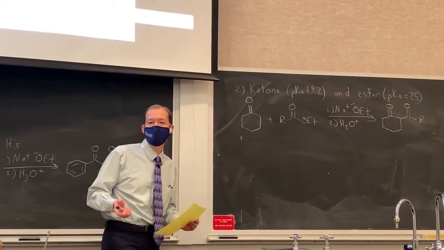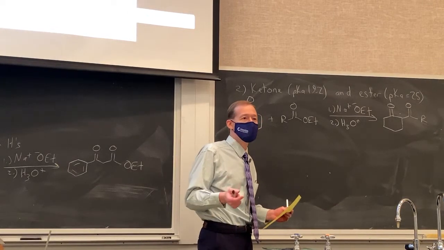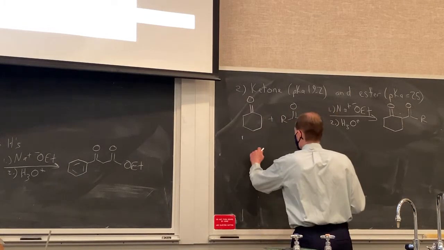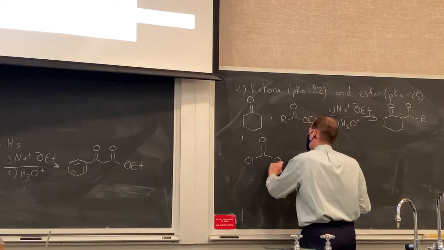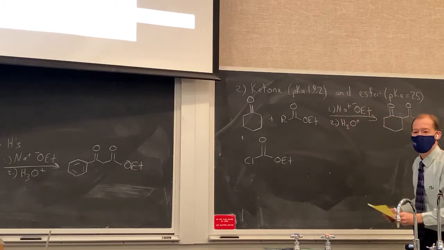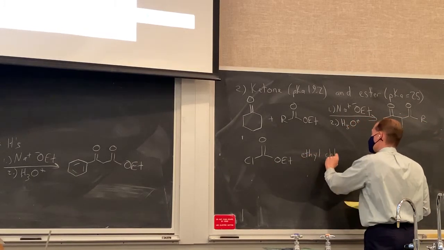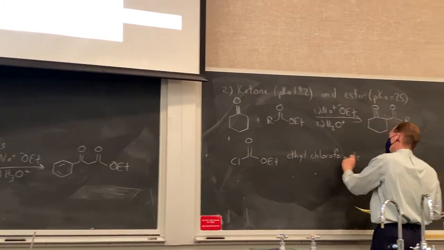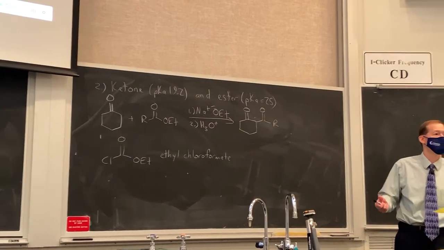Okay, so there are two reactants that will participate in a different type of crossed Claisen reaction, and they're closely related. They're actually one oxidation state higher than an ester. This molecule is called ethyl chloroformate. Okay. This is at the oxidation state of CO2, carbon dioxide.